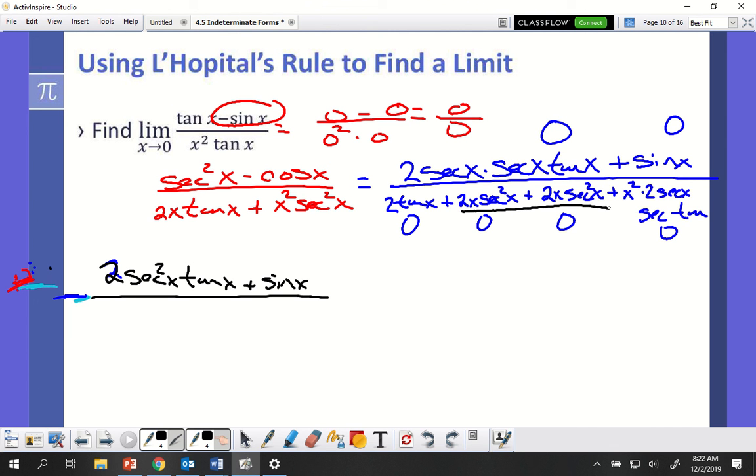I could put those two right there together. So that's going to be a 4x secant squared x plus 2 tangent x, and then plus 2x squared secant squared tangent. There we go.